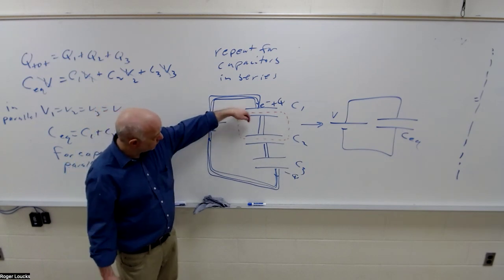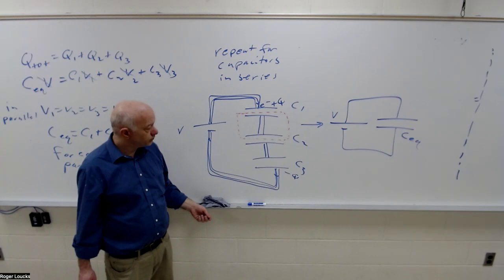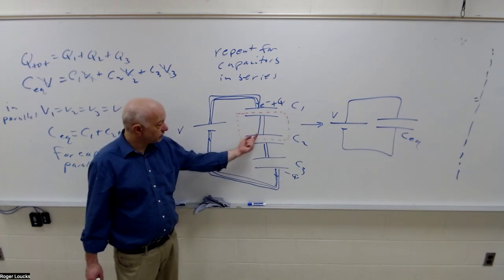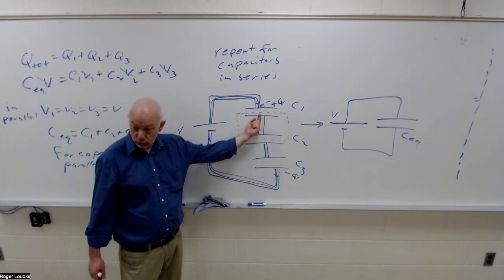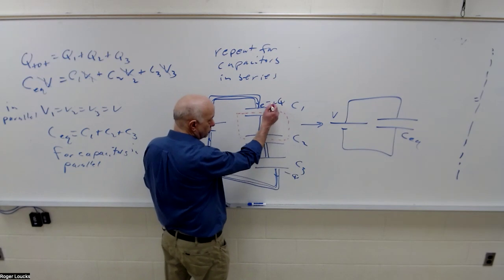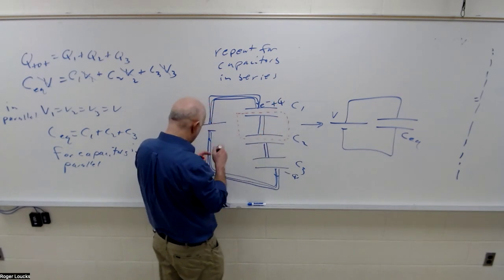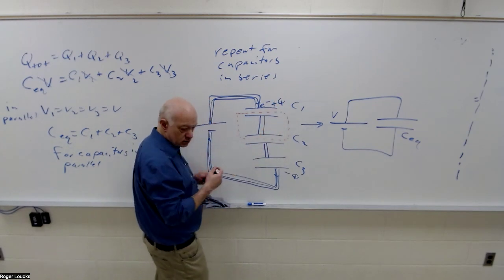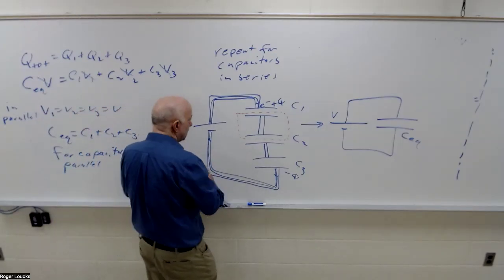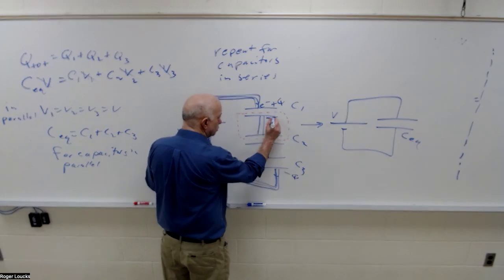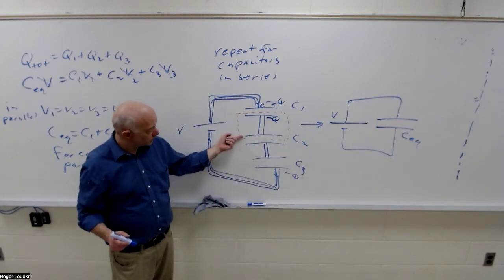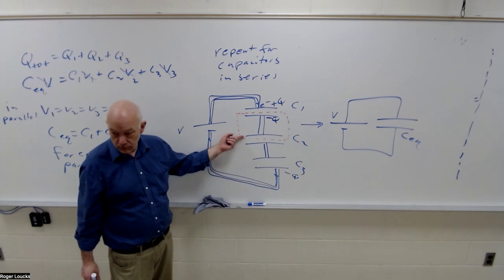There's going to be some electric field coming out, and it's going to attract electrons going up toward it. So this plus Q here is going to attract a minus Q charge here. Well, this is electrically neutral, so what is going to be the charge here? Plus Q.